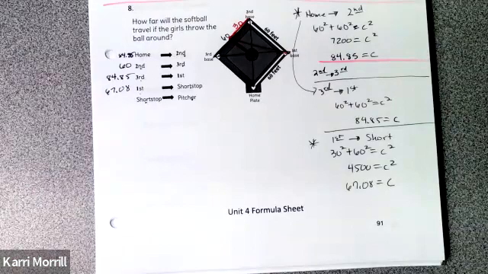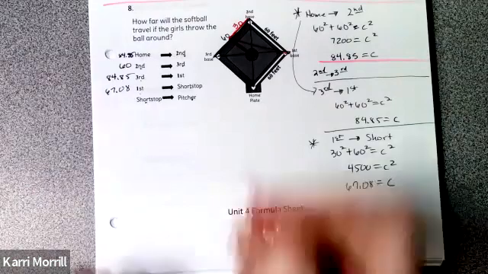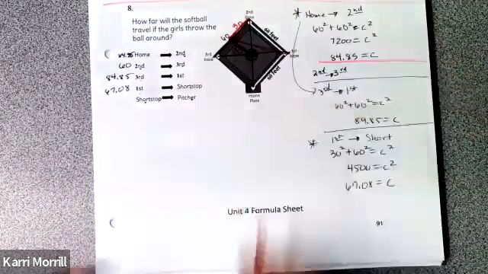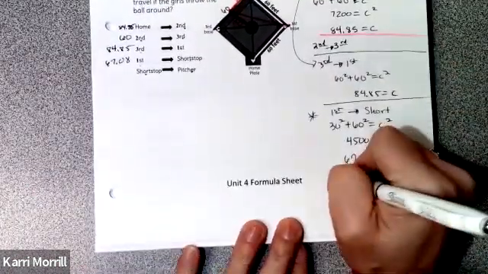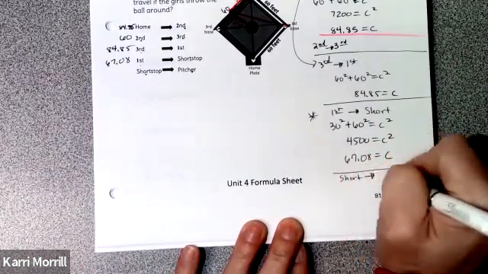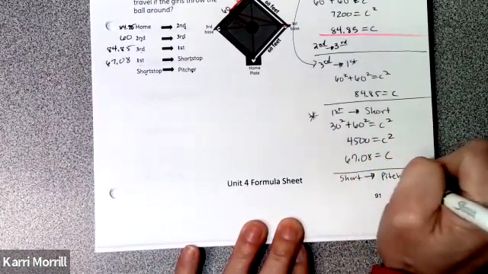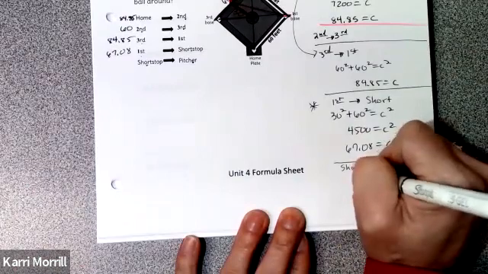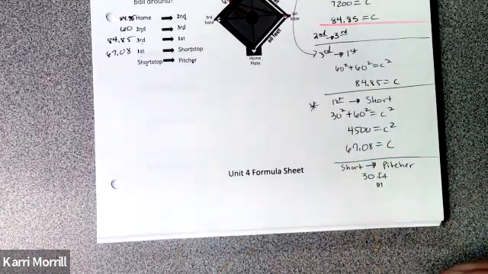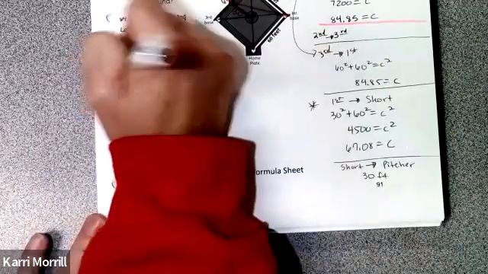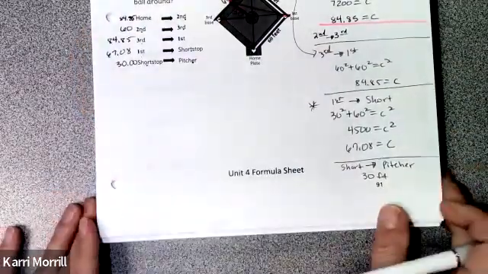Think radius, right? So just 30 again. They're saying from short to pitcher would just be right in the middle. We make a lot of assumptions. That's just 30 feet, kind of like a radius, but applied to squares.